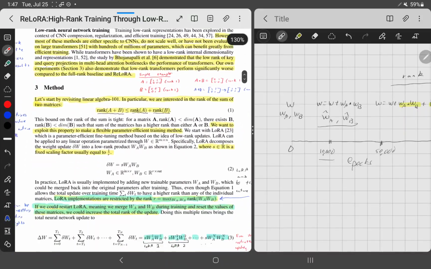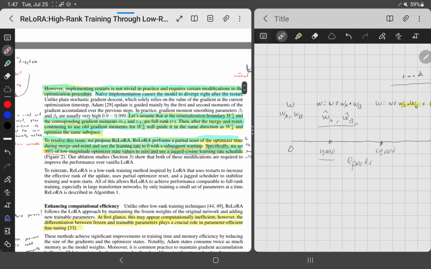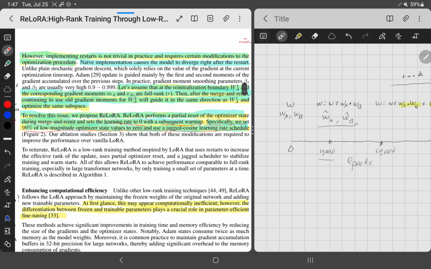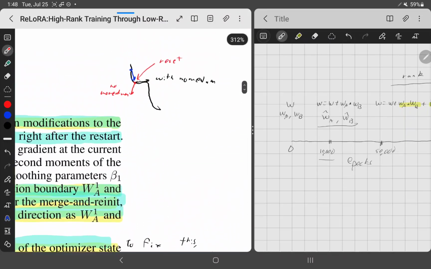And the next thing they do, which I think is more important, is they set 99% of the low magnitude optimizer state values to 0. So they set a lot of the optimizer values to 0. So you can kind of think of this as you have your moments, you have your momentum kind of guiding you, and I kind of think about it this way.